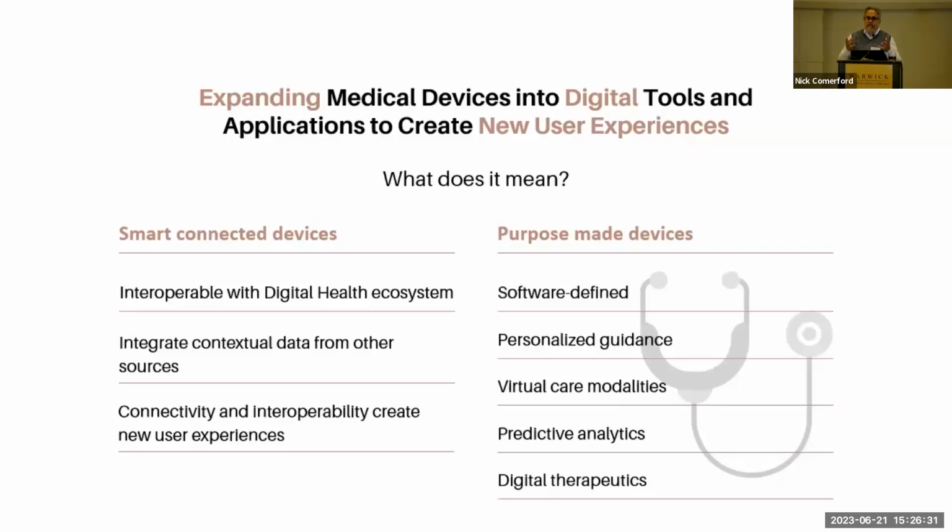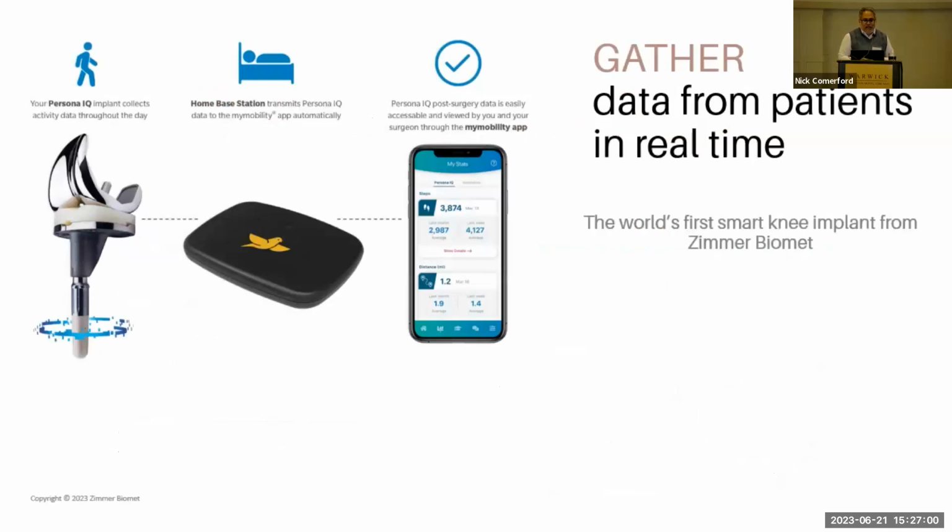And there's a whole class of software apps called digital therapeutics, which are apps that are treated as drugs and actually go through clinical trials as drugs themselves. So this whole area of purpose-made devices is really an emerging area that, for someone who grew up in a Star Trek generation, is what I've always been waiting for.